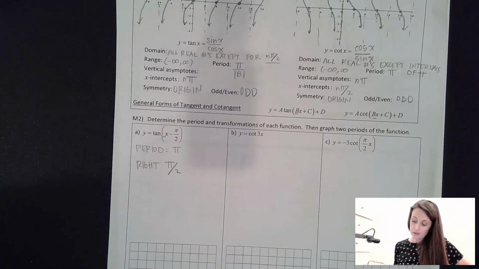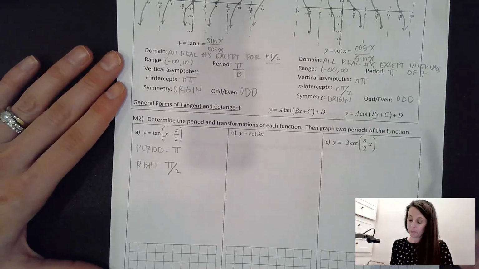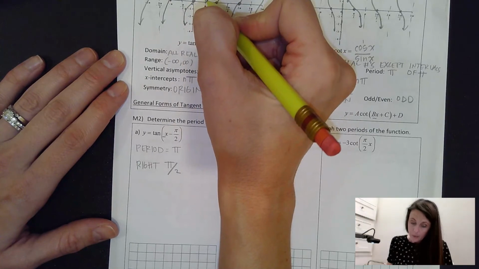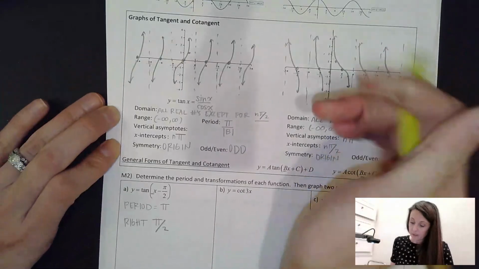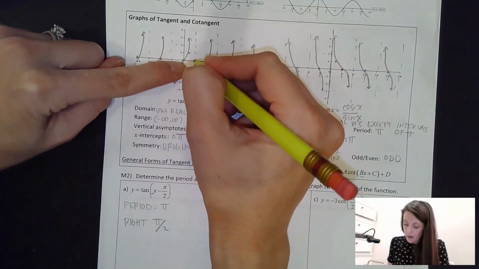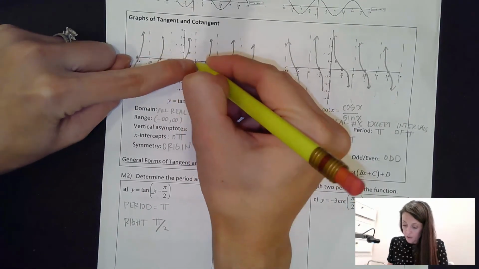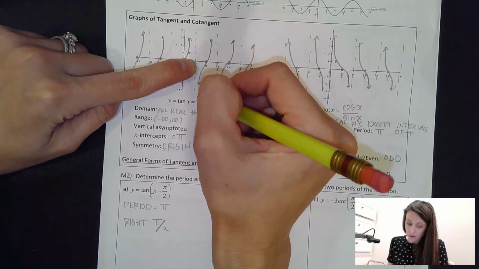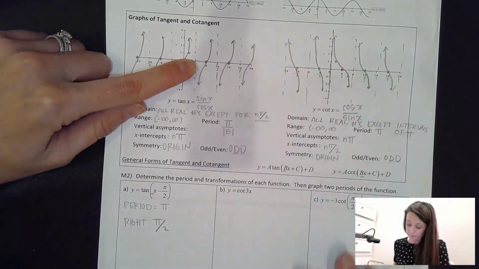So I'm going to take my normal tangent curve, but shift it over pi over 2. So that means I'm shifting this to right here, right? So that means that my asymptotes are going to occur at pi.